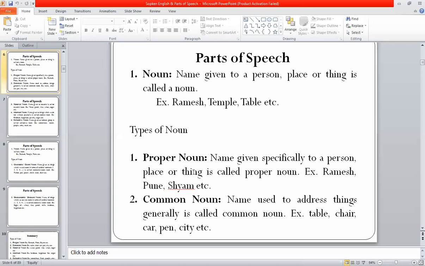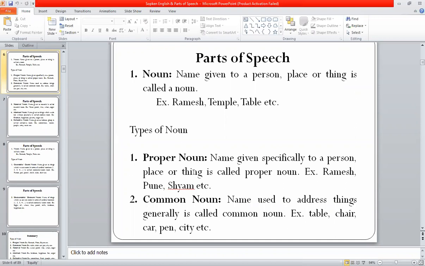Generally these are used for naming people, objects, things that are living and non-living, places, then monuments: Taj Mahal, Eiffel Tower, Red Fort.